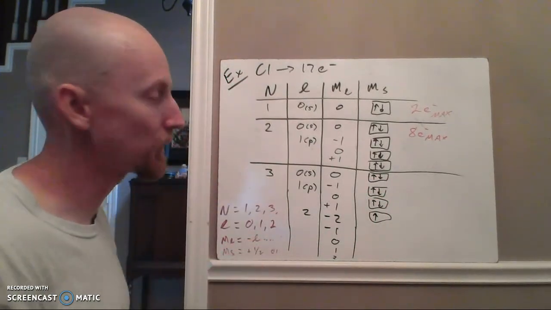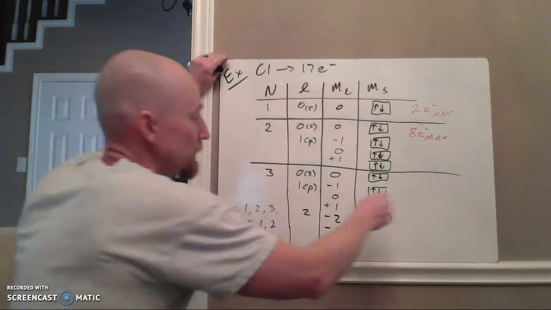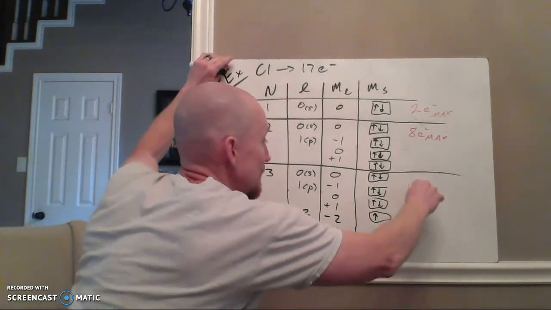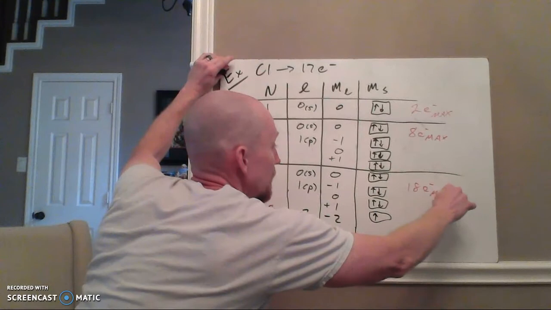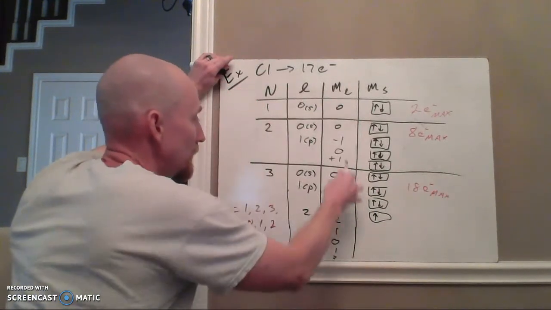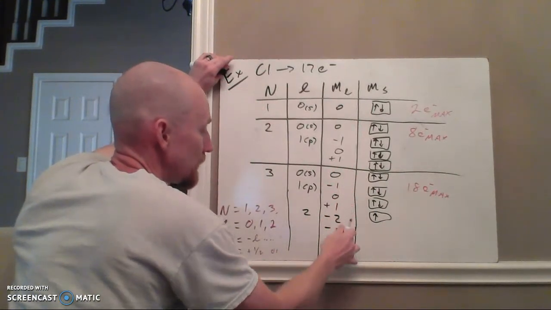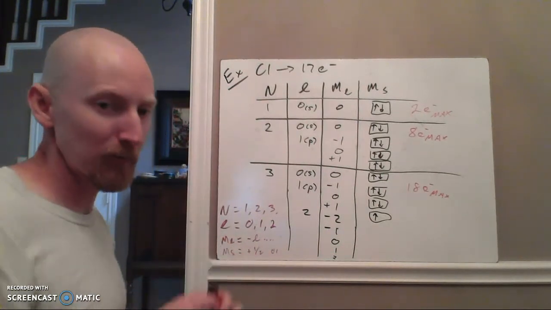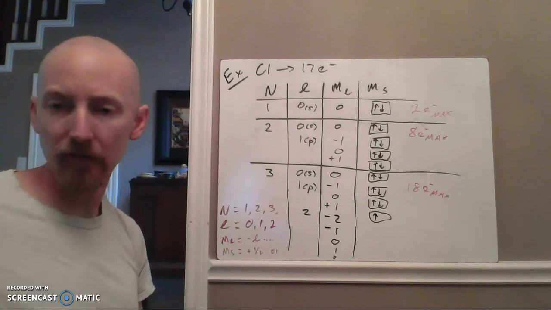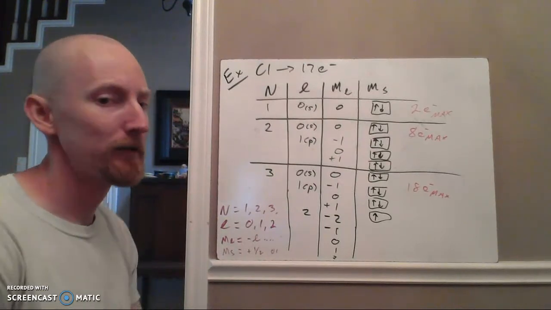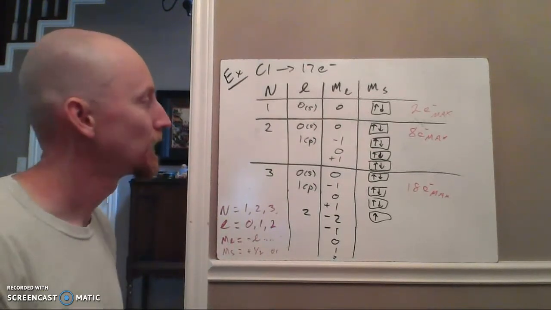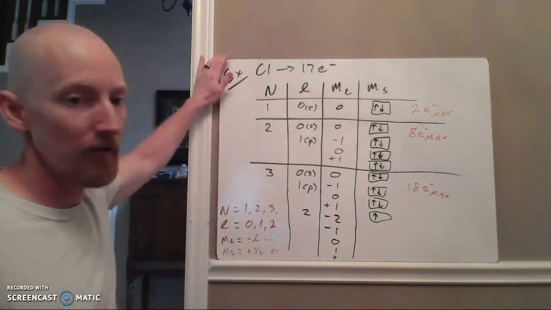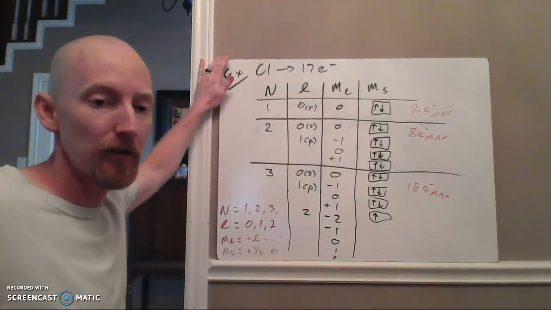Remember that in this 3rd energy level, you have a total of 18 electrons max that you can put in, right? 2, 4, 6, 8, 10, 12, 14, 16, 18. So anyway, atoms much bigger than this get a little crazy, and if you're doing a multiple choice problem, it's just too much. But this is an example of what you would see.